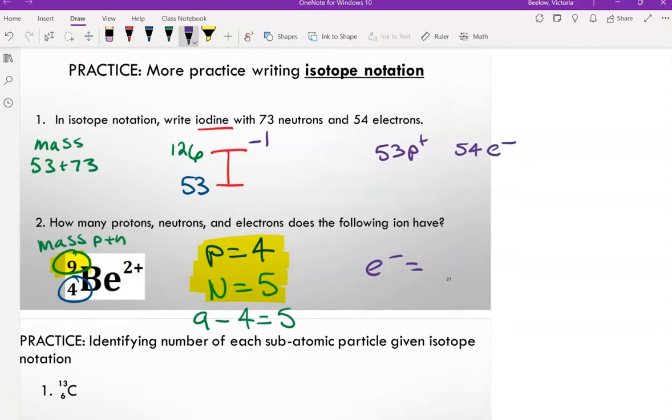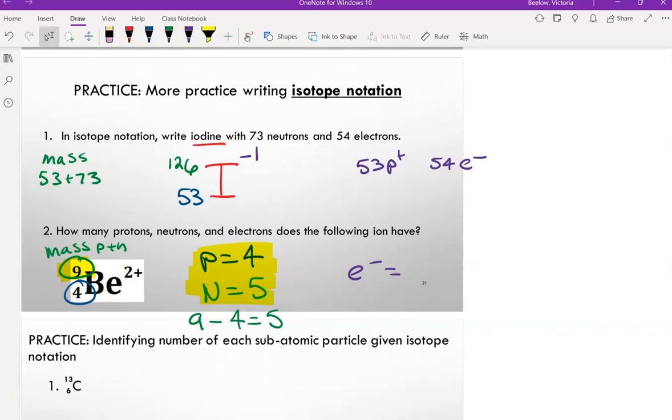And then for our electrons, for this one, it looks like we have 4 protons, right? Because that's our atomic number. That's the number of protons. And it looks like our charge is +2. So if we want to have a charge of +2, that means we have 2 more protons than we do electrons.